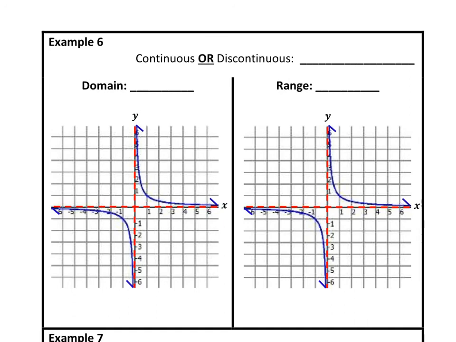Because the graph is broken up into 2 pieces, I can already tell we're going to have a discontinuous situation. Okay, so let's look at domain and range.